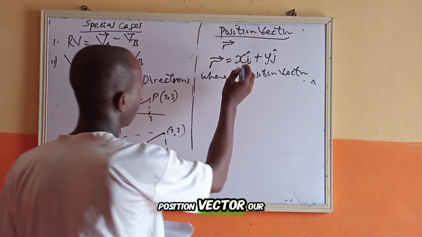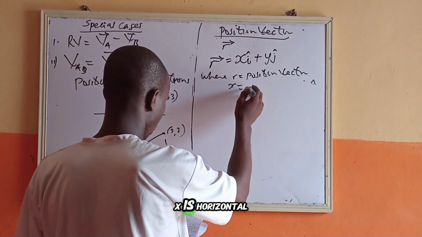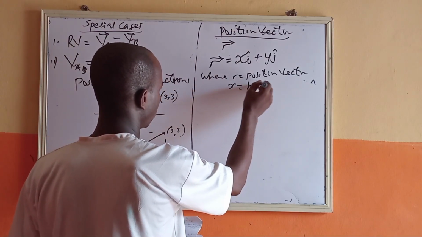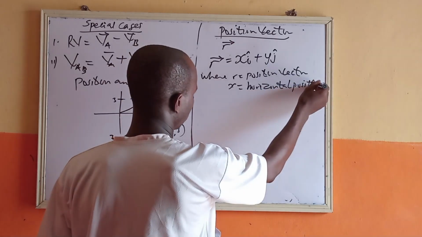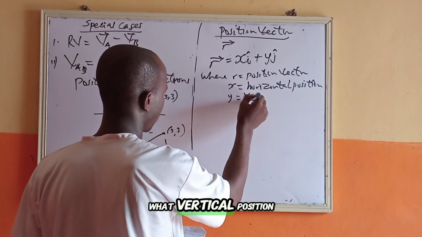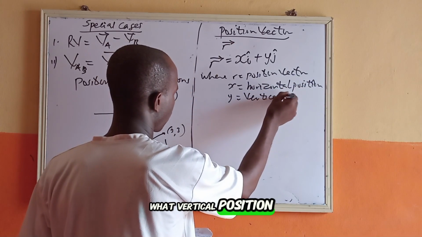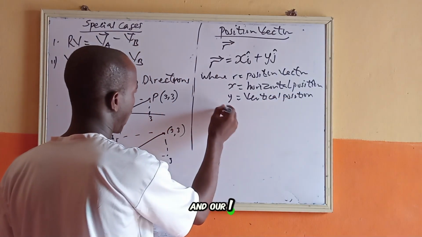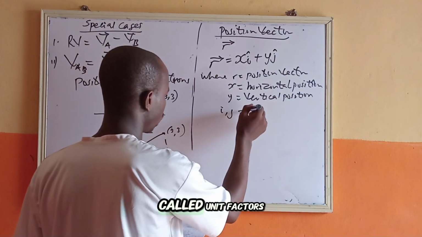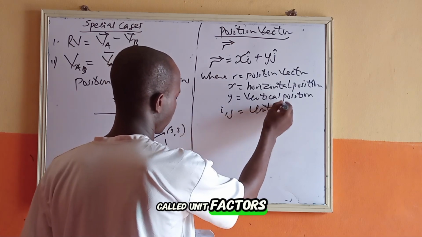Our x is the horizontal position. Our y is the vertical position. And our i and j are called unit vectors.